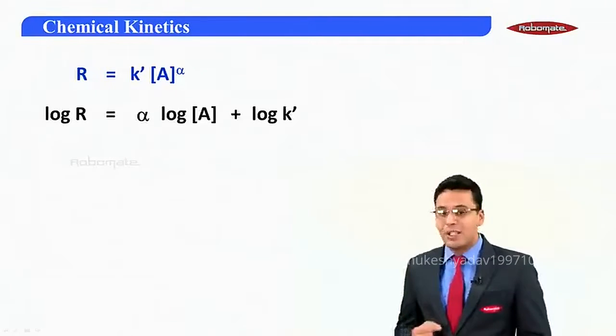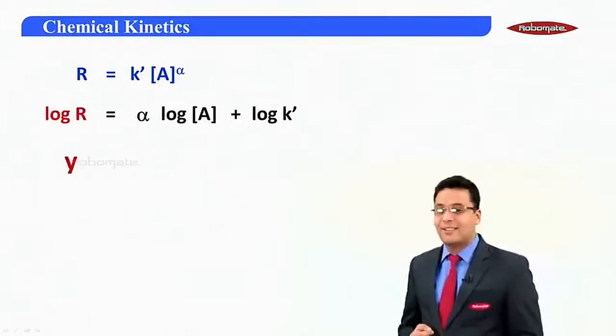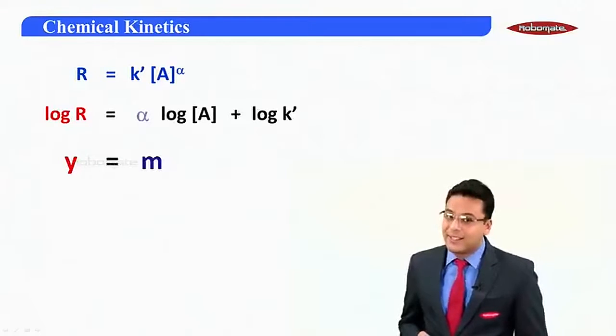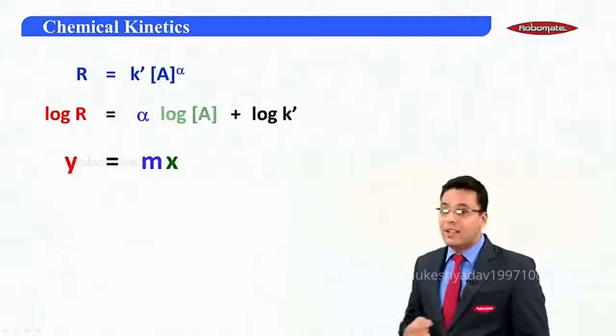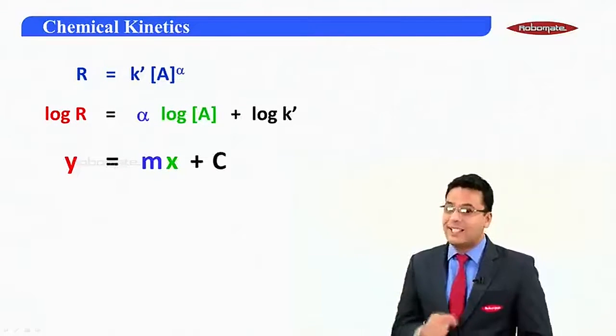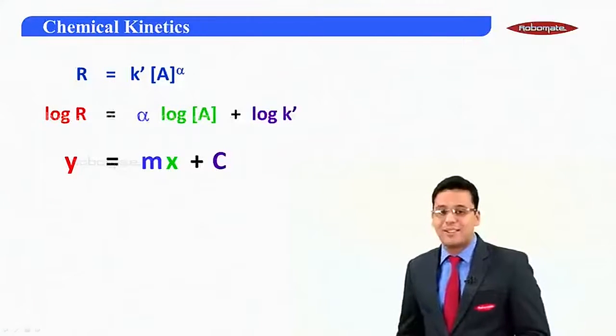If you think about it, y is nothing but log of R. And then you have m, which is nothing but alpha. X, which is also a variable, is nothing but log of concentration of A. And C, which is a constant, is nothing but log of K dash.